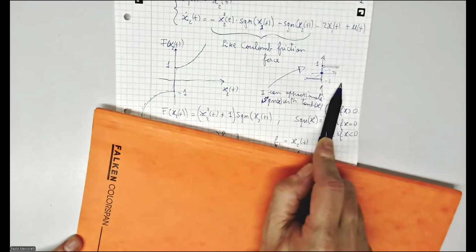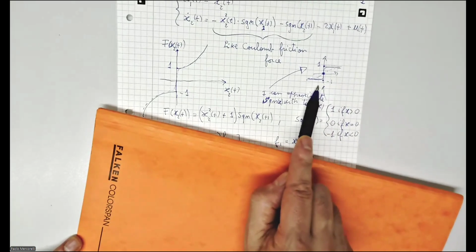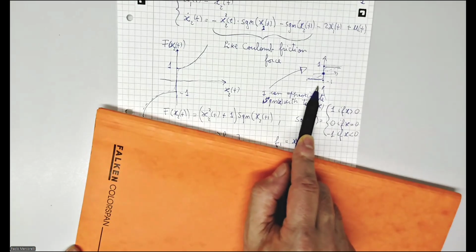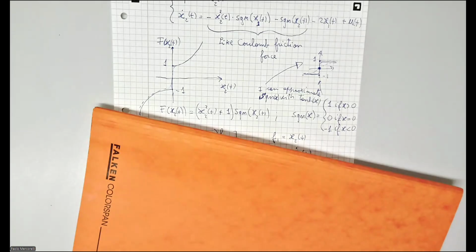Anyway, let me go ahead now after this consideration. SGN is clear, what is the SGN function. It's a sigmoid function. Probably data science students know very well the sigmoid function, which in the context of control we use many times, very often to stabilize the system.